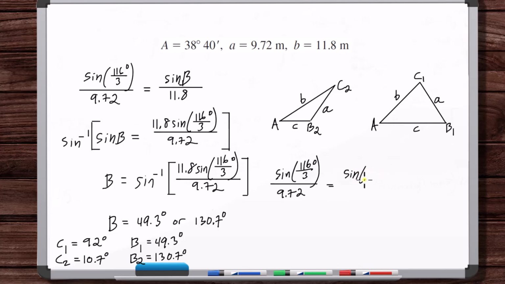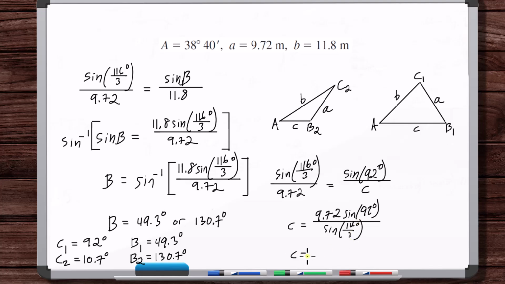Sine of 92 degrees over side length C. So side length C is equal to 9.72 sine of 92 degrees over sine of 116 divided by 3 degrees.